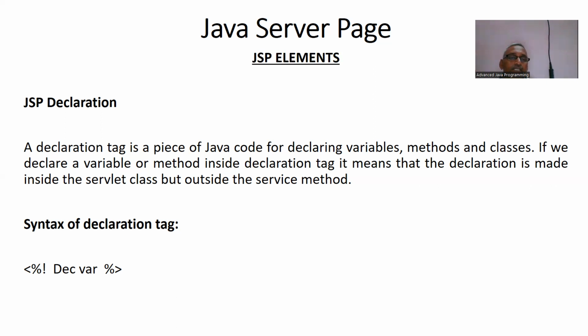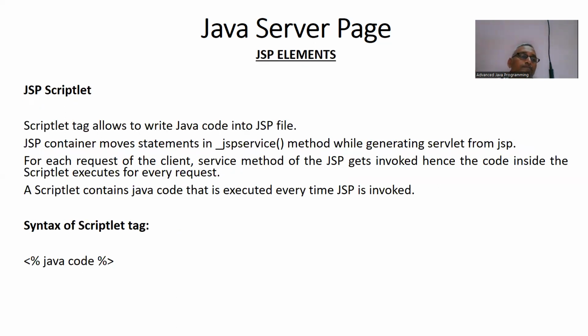Syntax of declaration tag: less than percent symbol, exclamation symbol, declare variable, close the tag. Next, JSP scriptlet. Scriptlet tag allows you to write Java code into a JSP file. The JSP container moves statements into the JSP service method while generating a servlet from JSP.